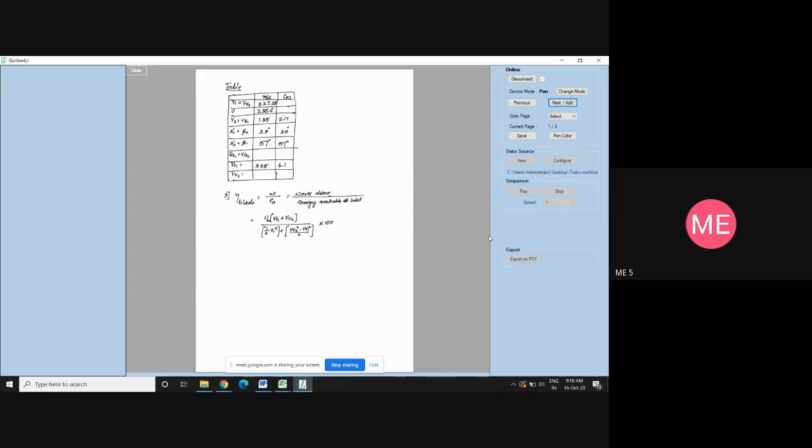Multiplied by 100, you'll get the efficiency of the blade. Can anyone tell what is the blade efficiency, in percentage? Calculate and tell me the answer. Either you can do work done and energy available at the inlet separately, and substitute in blade efficiency.